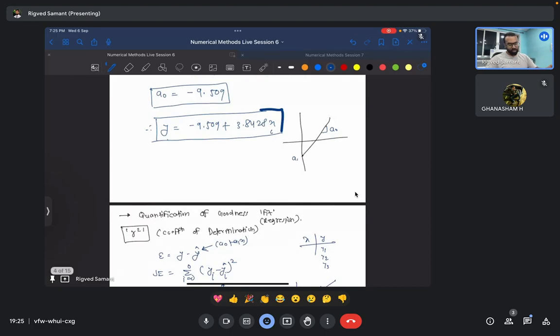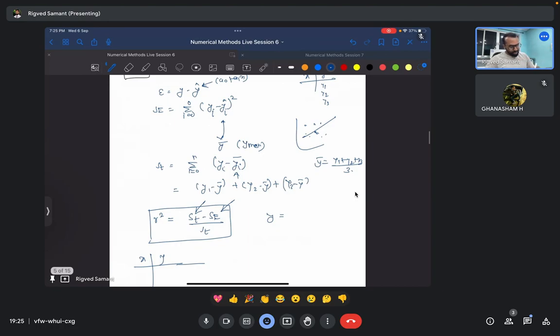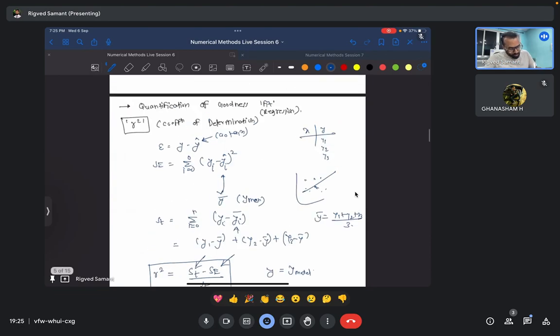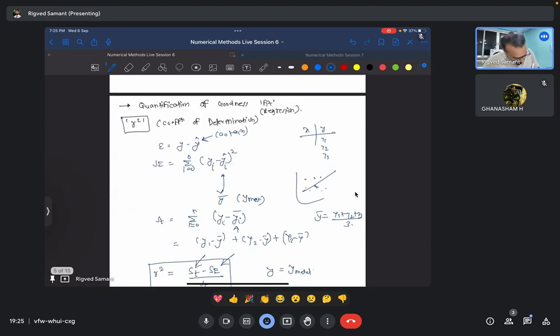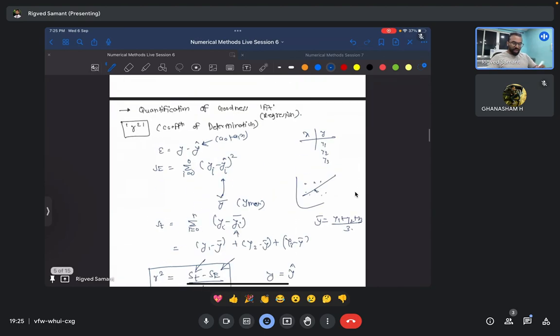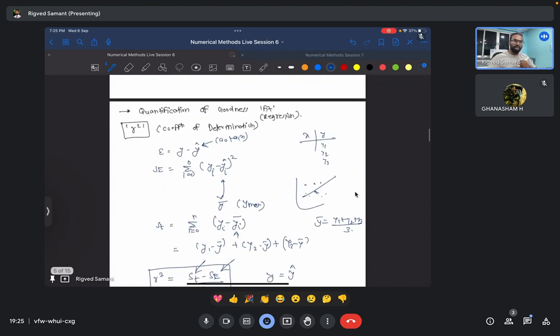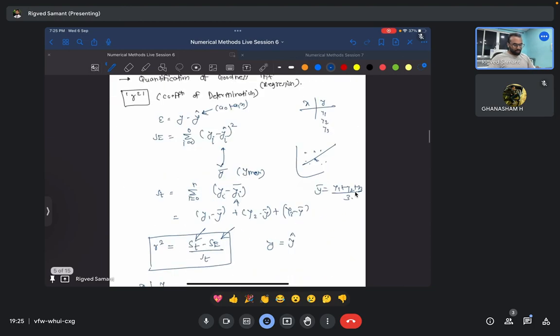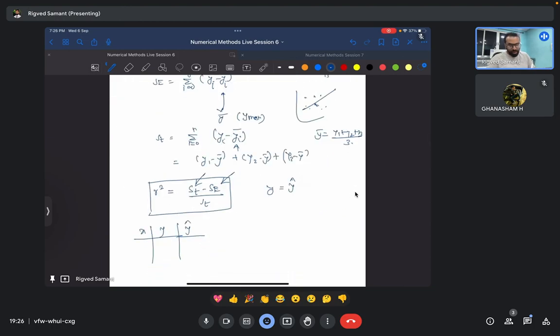For simplicity I will call it the Y model, or rather, this is the Y hat, right? So those Y hat values you can calculate for each X value using your model.